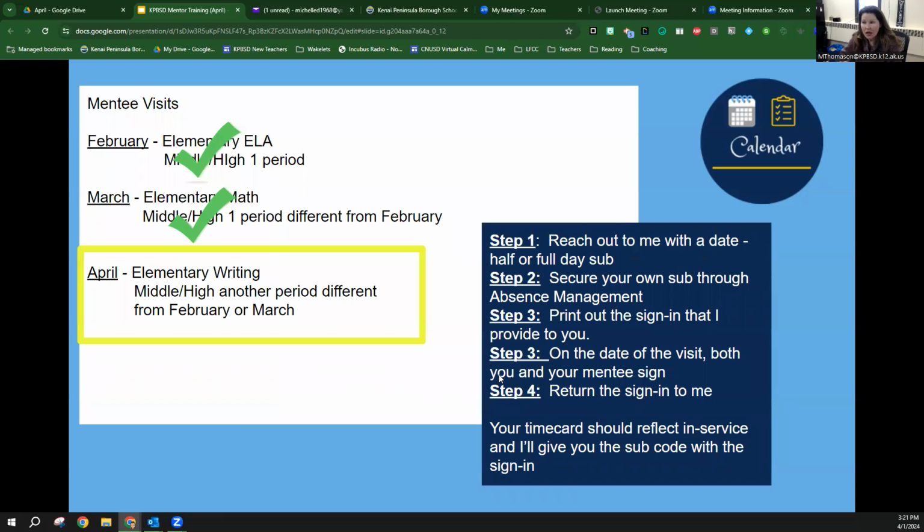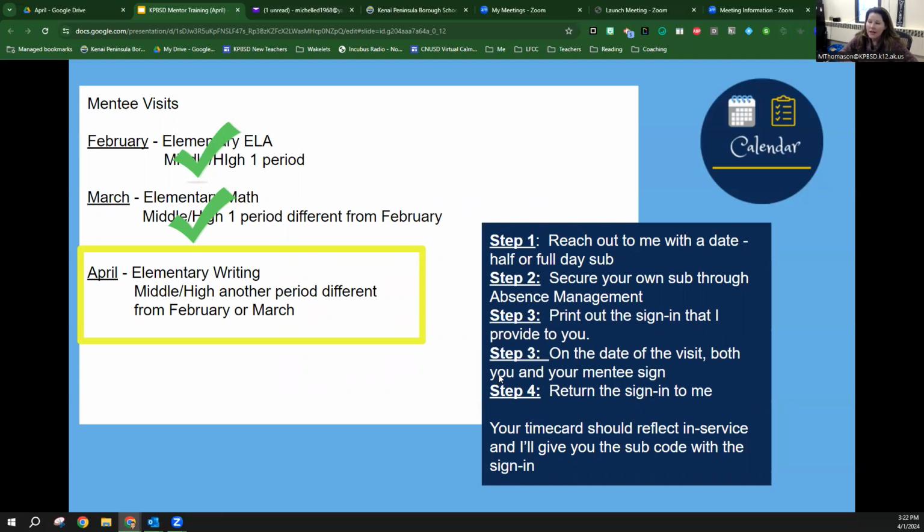remember that you've been doing those classroom visits, and April is an opportunity for elementary teachers to see writing, and it's an opportunity for middle and high school teachers to see a third different period.